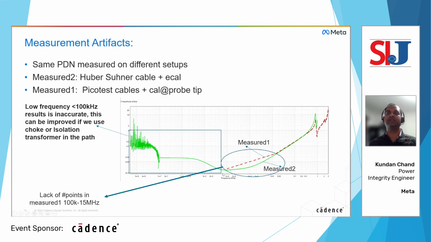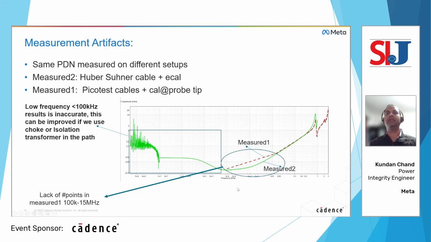But if you're interested to measure below this frequency range, we have to probably use an isolation transformer or a choke in the path, to be more accurate up to a few hertz of measurement if you want to do a resistance measurement or very low frequency impedance measurement. So I just wanted to highlight that part.